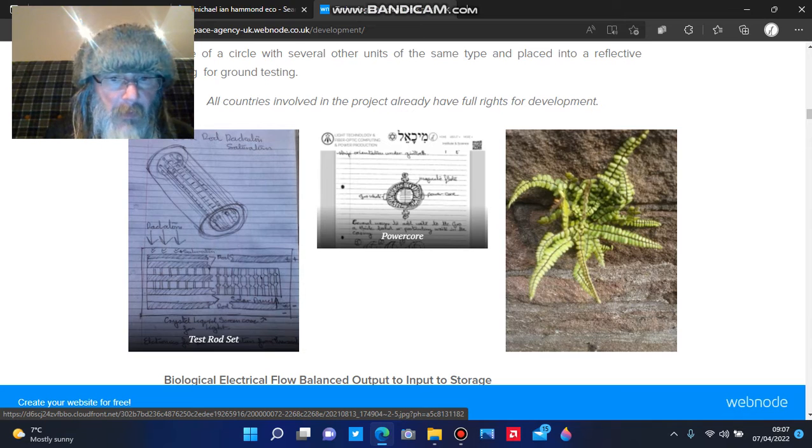Now, the solar power panel structure, which is in the central core of this particular test rod set, would utilize and manipulate the energy of light.